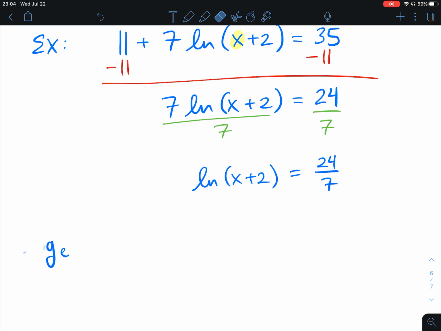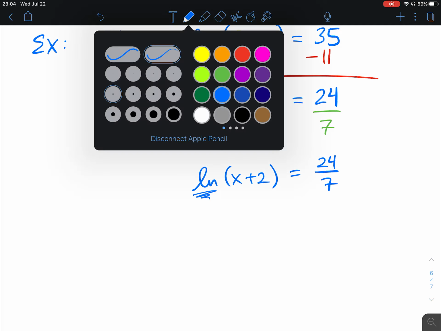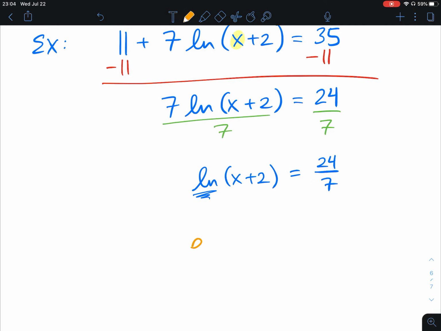The other idea I'm going to recommend is really not that much different, but it goes back to our knowledge of inverse functions. So if I have an ln standing in the way of what I want, I can undo ln using its inverse, and the inverse is e. So I'm going to take e of both sides, and everything I have then gets exponentiated. It becomes the power.